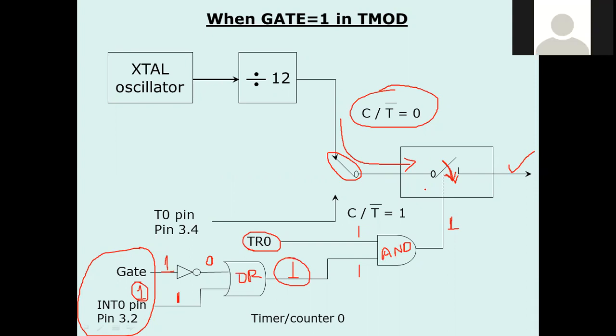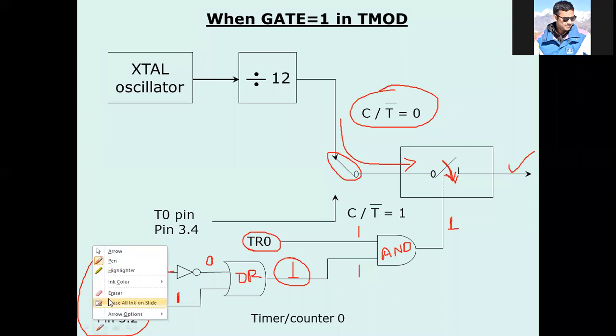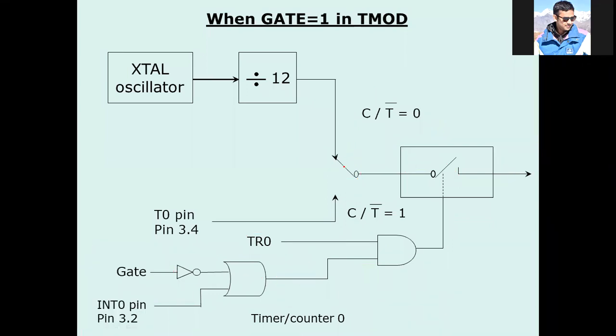Okay, so whatever we have discussed, this is the timer operation. Now whenever this particular switch will be moved to here, then counter operation will be there, and the rest of the things will be unchanged.